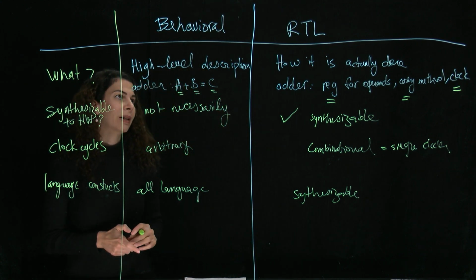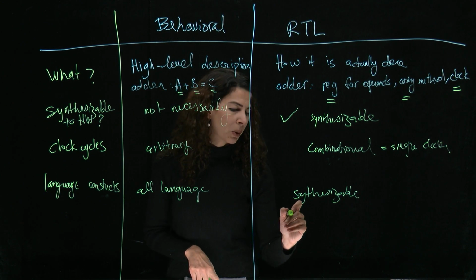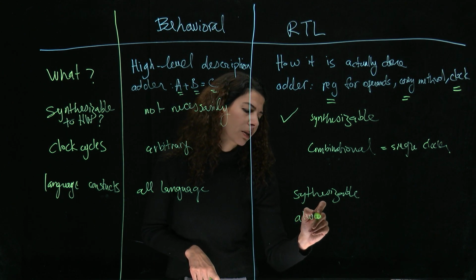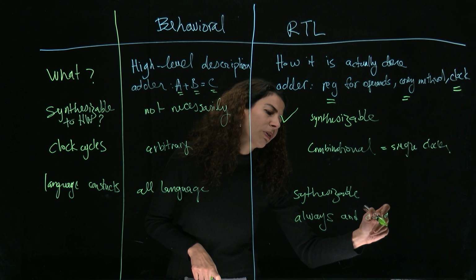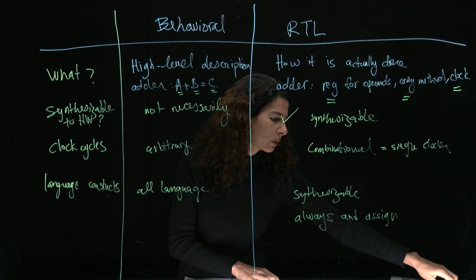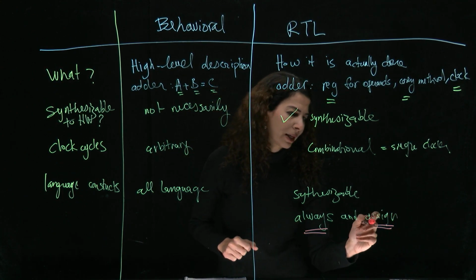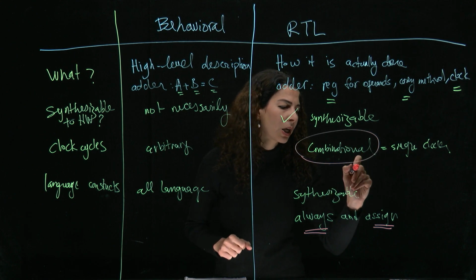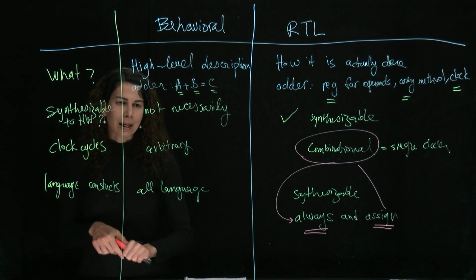Now, in terms of the language constructs in RTL, I'm going to be using mostly always and assign. We have seen these before, how we could make combinational logic using always or assign. So combinational logic can be done using the always and assign statements.